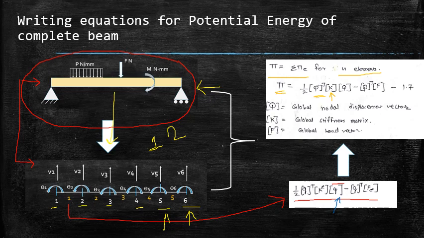So what are the terms in total potential energy of complete beam? Q stands for global nodal displacement vector, as I explained earlier. K stands, remember I am using K not KE, K stands for global stiffness matrix and F is a global load vector.